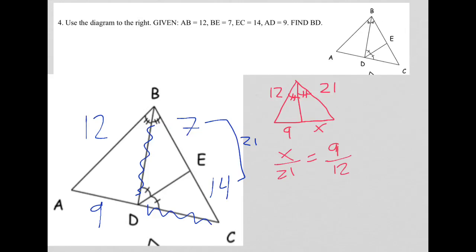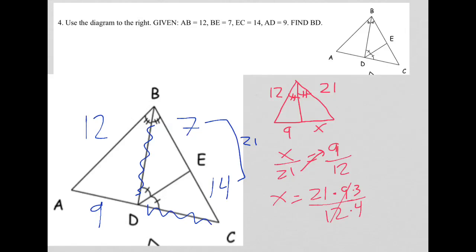And we will cross multiply, but only sort of. We're going to multiply that 21 up to get X equals 21 times 9 divided by 12. And let's figure out what that is. Let's go ahead and simplify this a little bit. You could use your calculator at this point if you wanted to, but I'm going to reduce 9 over 12 to 3 over 4.